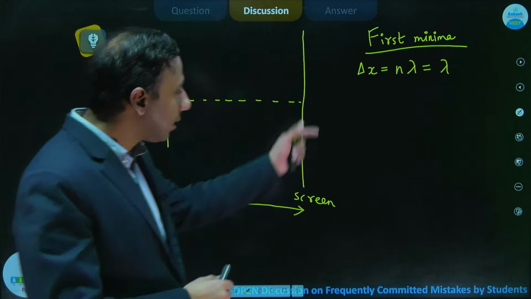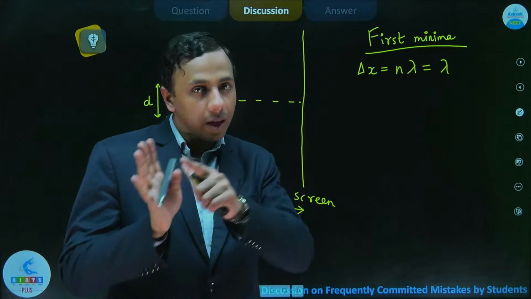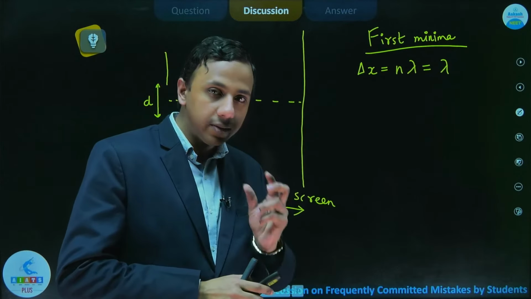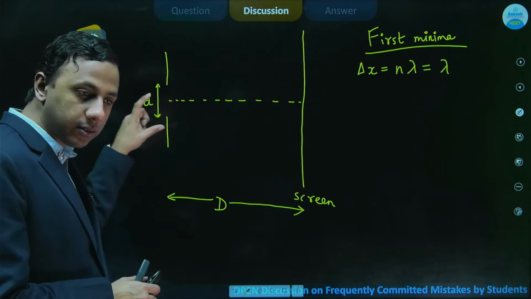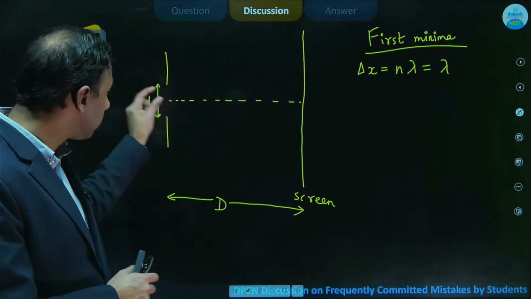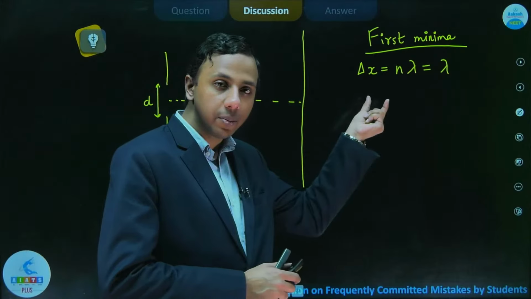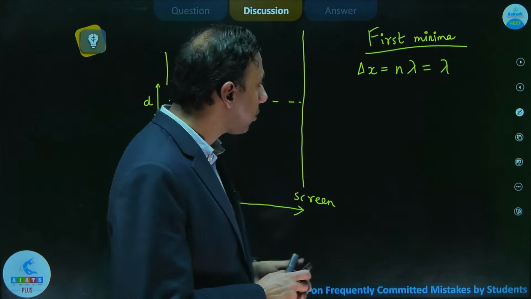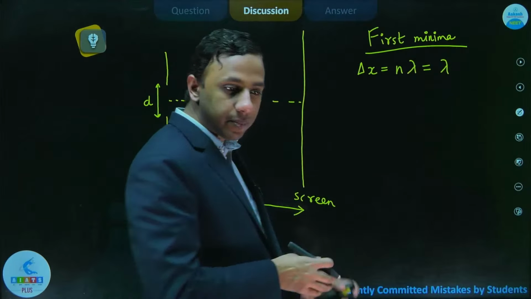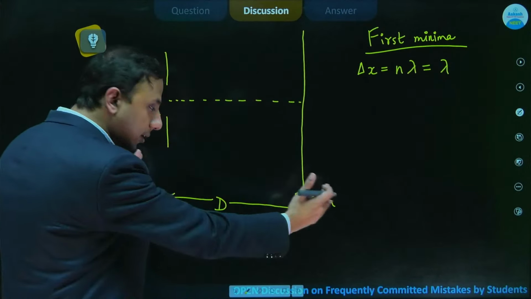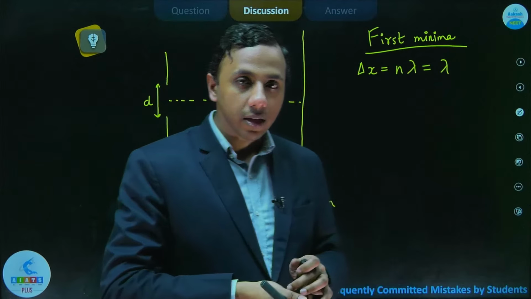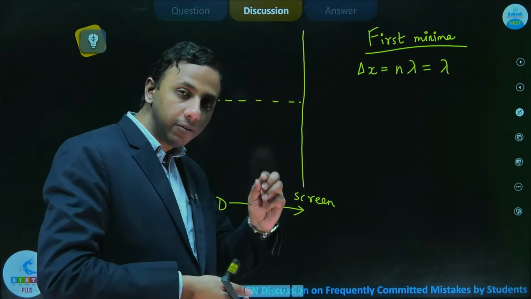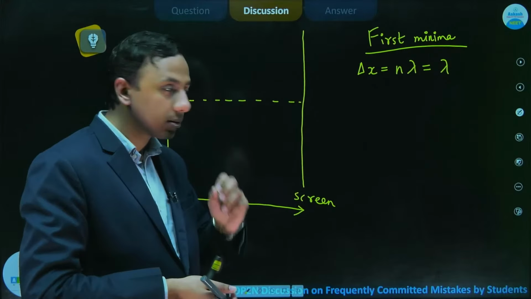And that delta x in YDSE and diffraction, we write delta x is equal to d sin theta. Sometimes in books this d is taken as small a, so in that case delta x will be a sin theta. Then remember this screen distance capital D is much larger than small d, so that means sin theta will be the same as tan theta.